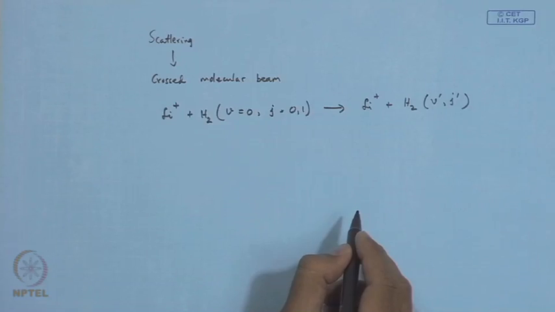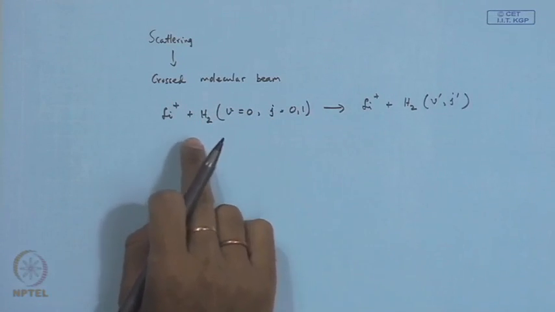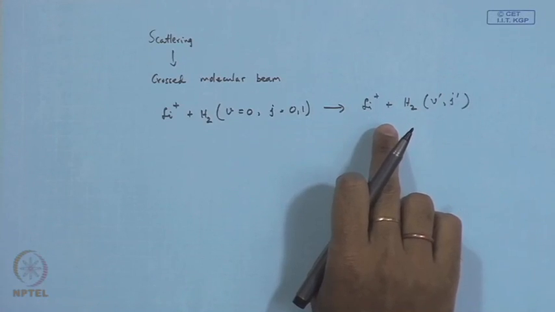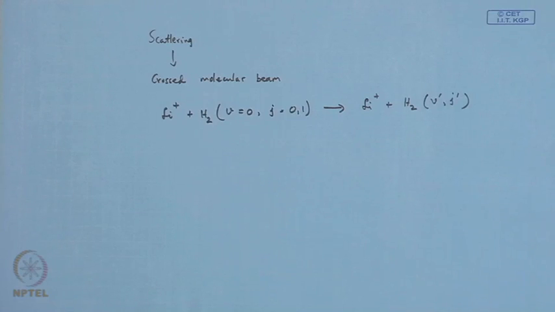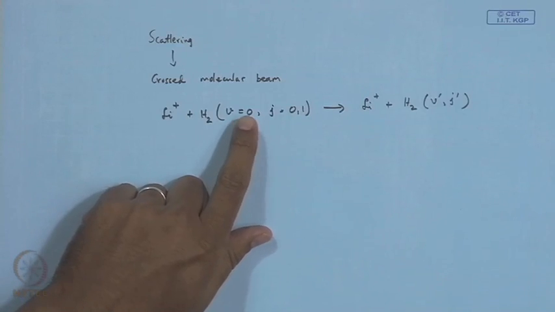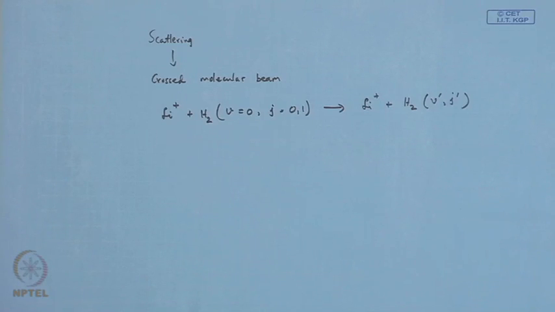In this case, since energy is transferred from here to here, of course the velocity of lithium plus should be altered because of this energy transfer. So how to look into that? Here v becomes v primed, J becomes J primed, so it is a case of inelastic scattering.